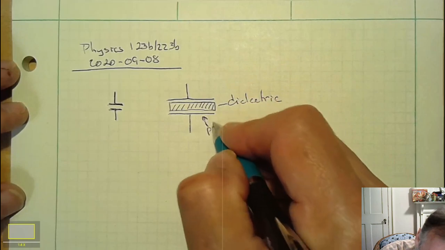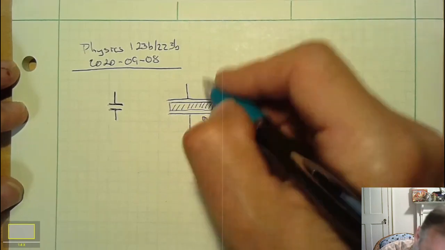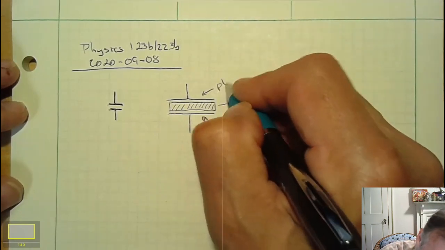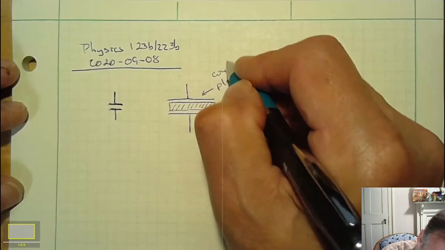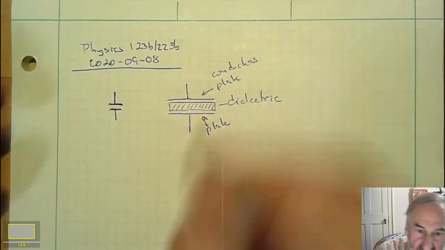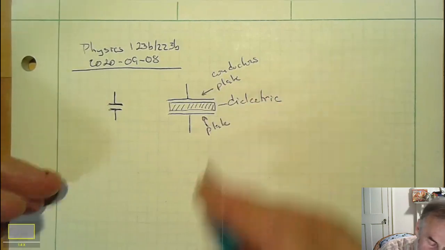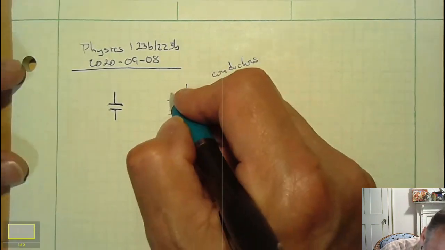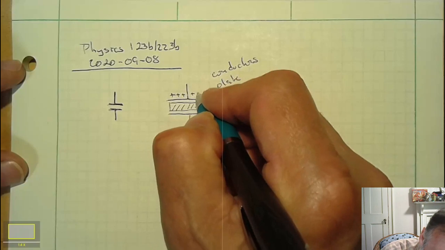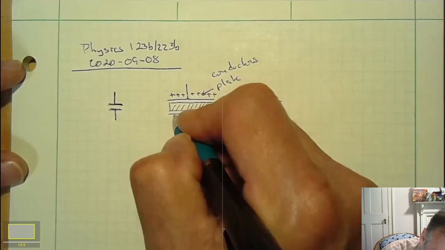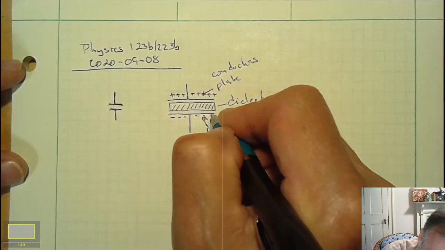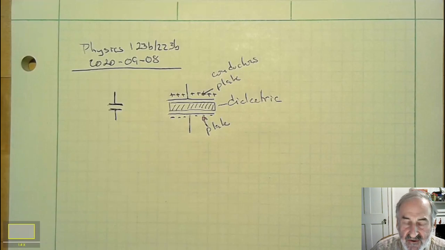We have two plates. They're conductive. And what happens is, if we apply a current to the capacitor, current flows in, we have electrons piling up on one side and positive charges on the other, and we end up with a charged capacitor.